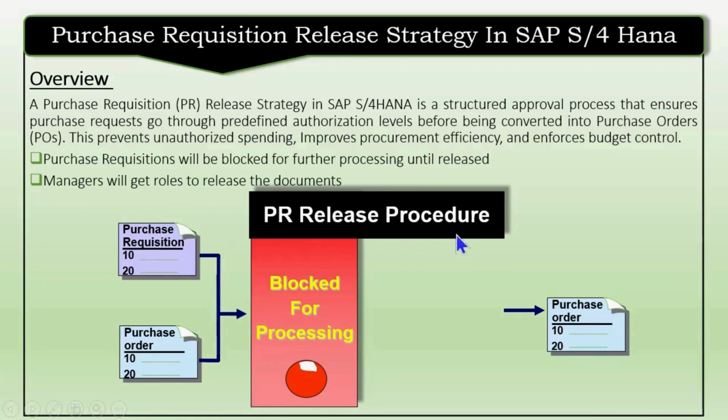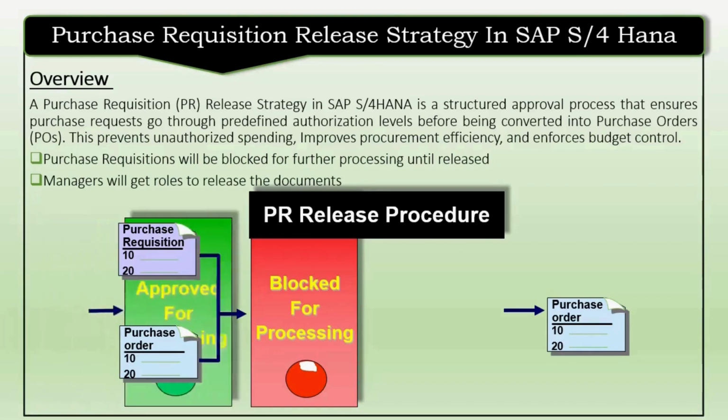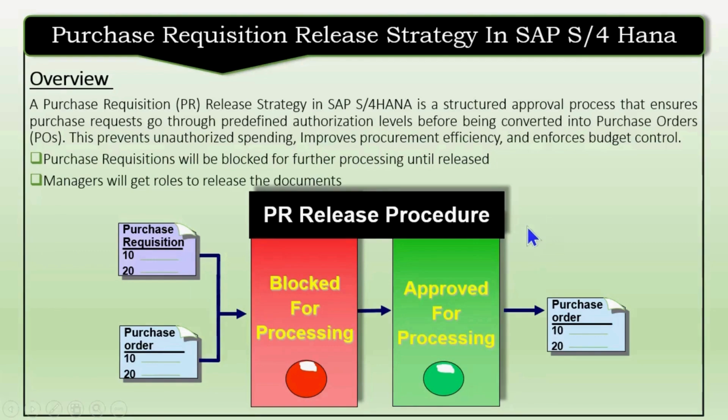PR release procedure. Initially, the purchase requisition will be in the block status. Once the initial level approver approves it, it goes to another level. So whatever the release strategy has fixed, based upon that, it keeps moving until the final approver approves it.